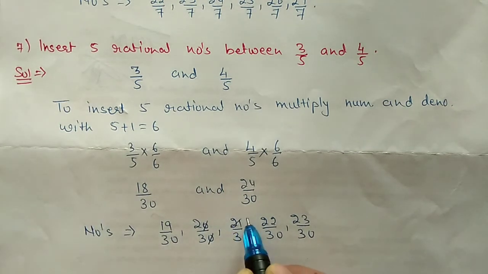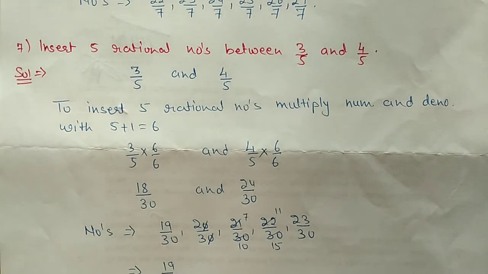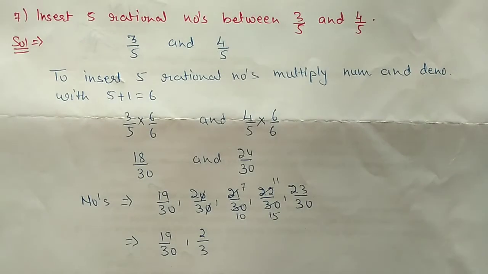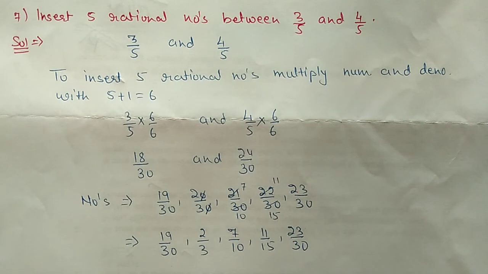In this one we can cancel 3 7s are 21 and 3 10s are 30, and here we can cancel 2 11s are 22 and 2 15s are 30. So these numbers will reduce to 19 by 30, 2 by 3, 7 by 10, 11 by 15 and 23 by 30.